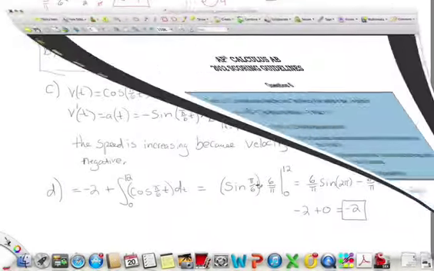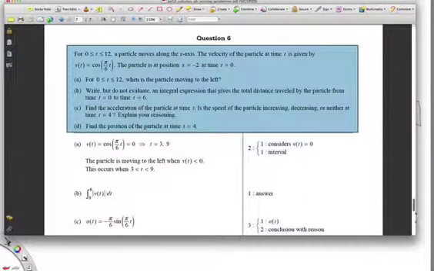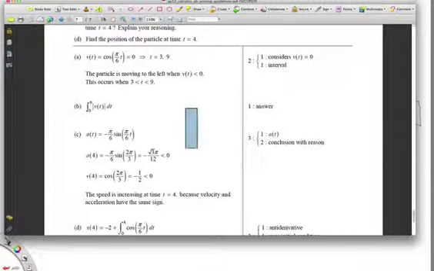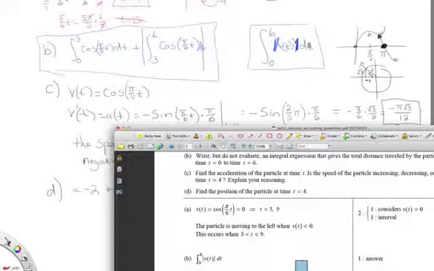All right, here are the answers. Let's see what it says. V of t is this, from 3 to 9. The particle is moving to the left when velocity is less than 0, and that's from 3 to 9. Here's their very easy answer for part B, which you remember we tried 2 ways, and we came up with the easy way as well.